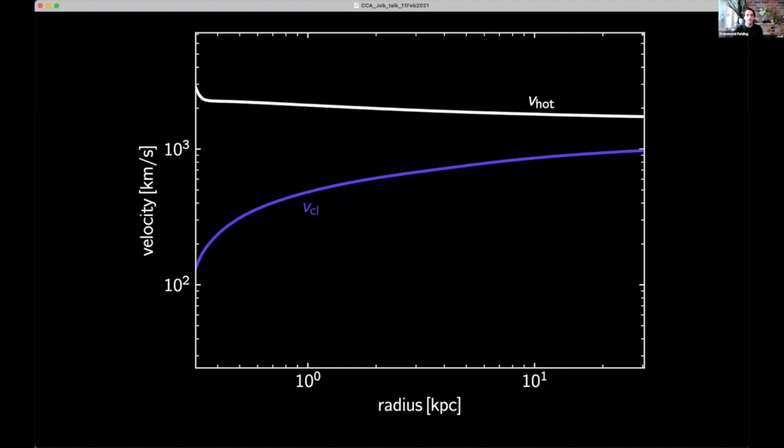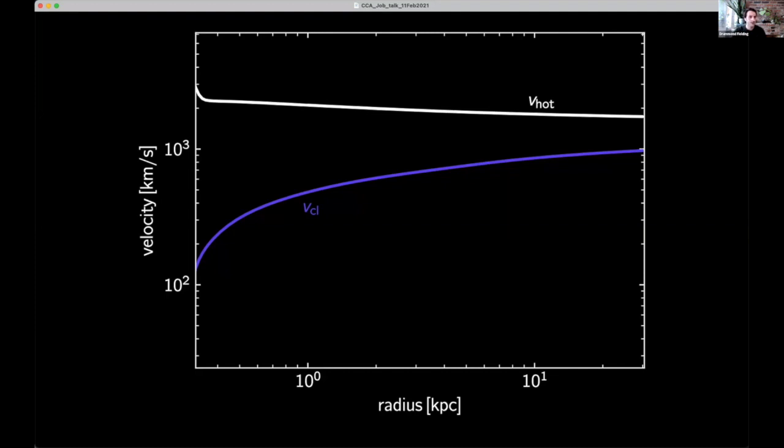And what it shows here is the radial velocity in a galactic wind of the hot phase and of the cold phase. And so you can see the cold phase is initially moving slowly, and it's going to be gradually accelerated up to nearly the same speed as the hot phase. And this simple plot has all of these rich dynamics embedded in it.